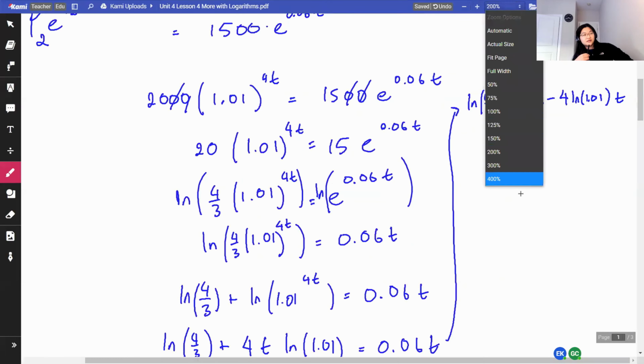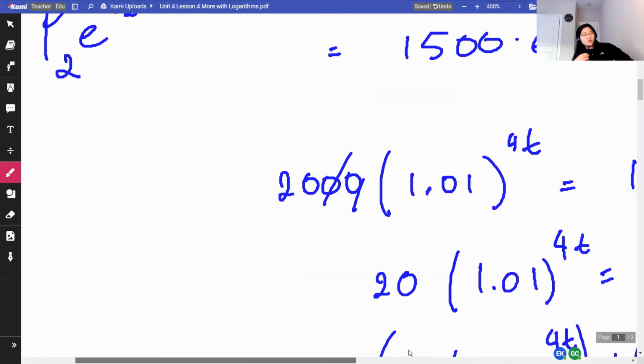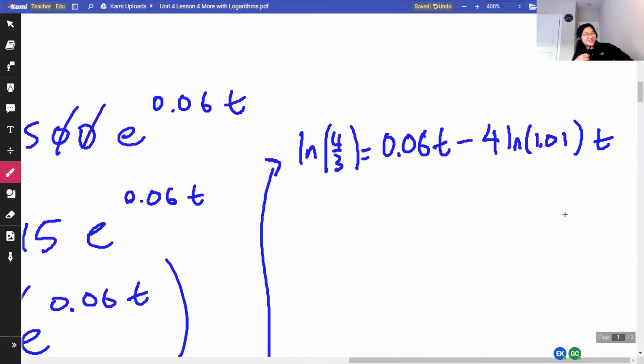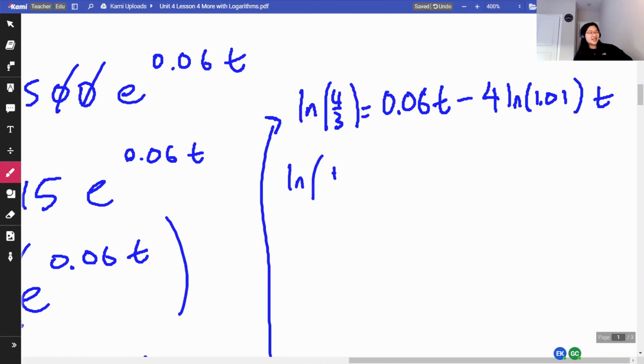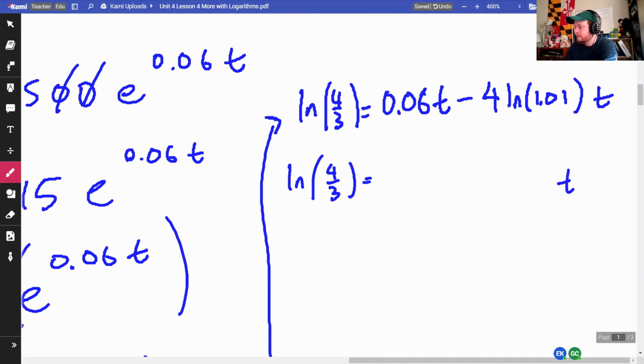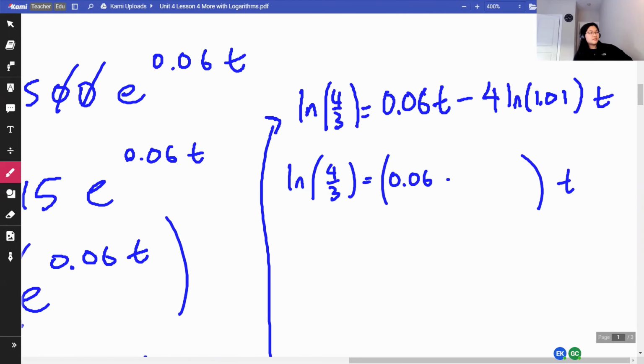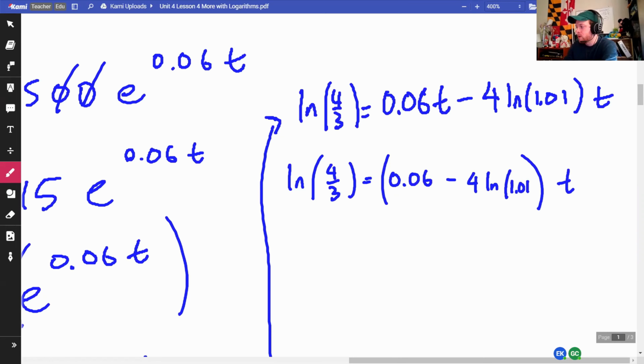Whoa, so much zoom. I can see it a little bit better now. Yeah, greatest common factor. What is that GCF? It's the t. So we have 0.06 times t minus 4 ln 1.01 times t. Cool. And I think we're done, right?